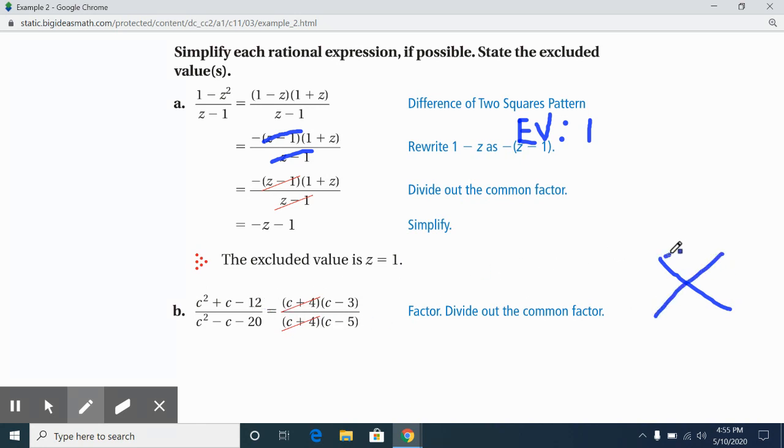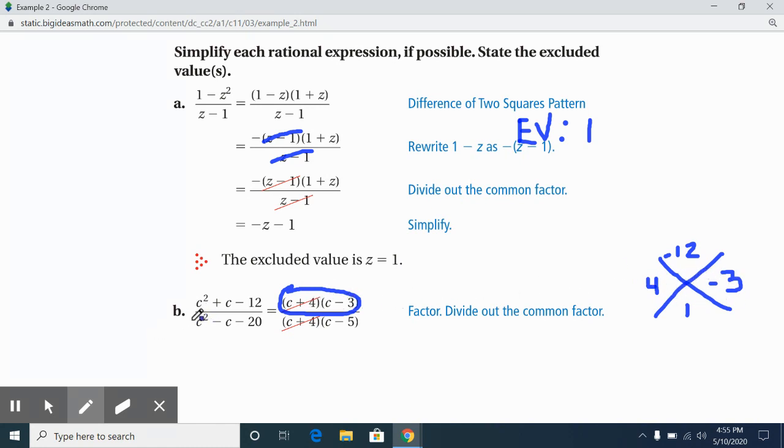We try to figure out what would multiply to equal this final number, and then what would add to equal the middle coefficient, which would be 1 here. And those answers would be positive 4 and negative 3. So that's where they're getting these two binomials. They made these two binomials from factoring like we have in the past.